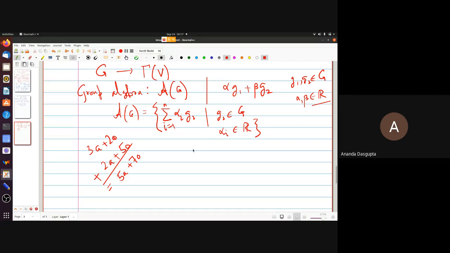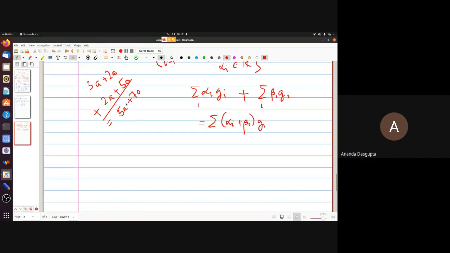If I have an element sum of alpha_i g_i, that's one element. There will be another element, sum of beta_i g_i, sum over i. Can you multiply them together? Well, that comes later. Can you add them together? The answer is of course you can. The summation will be sum of (alpha_i plus beta_i) g_i.